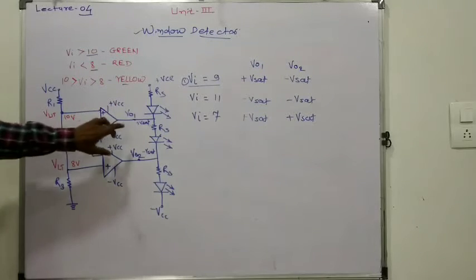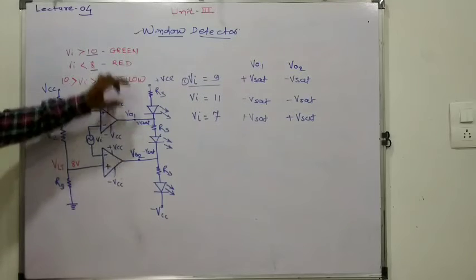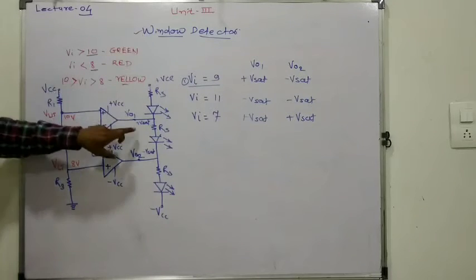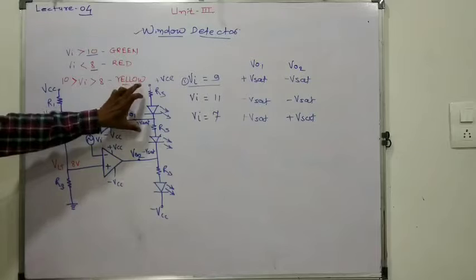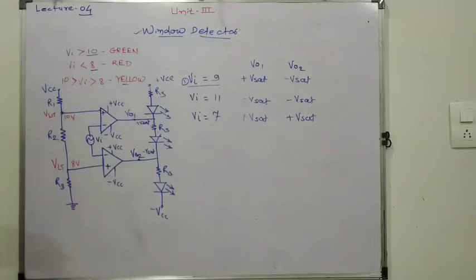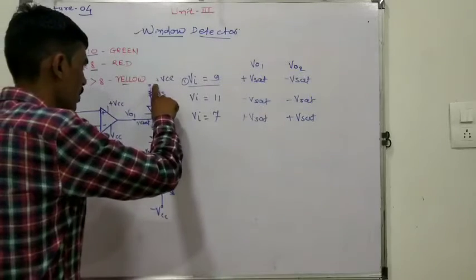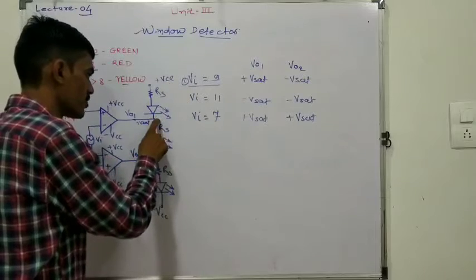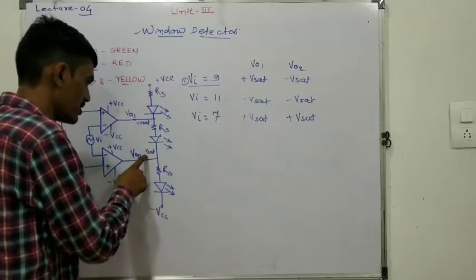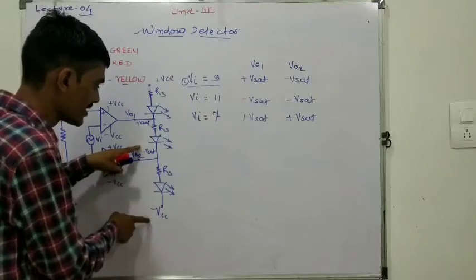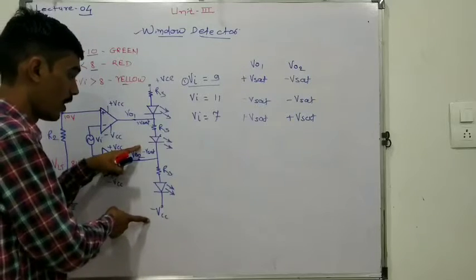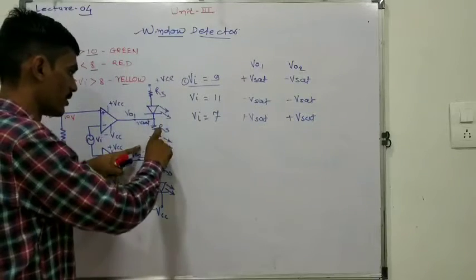For what condition will the yellow LED glow? If we are considering this is VCC, this is Vsat, definitely this is off condition, because this is positive and this is also positive. Now this is positive, this is negative, and this is also negative. So this LED is also off condition. This LED is also off condition.